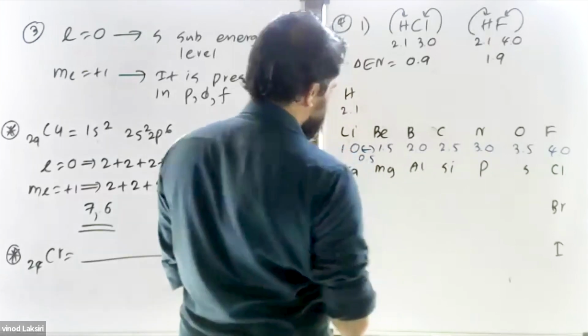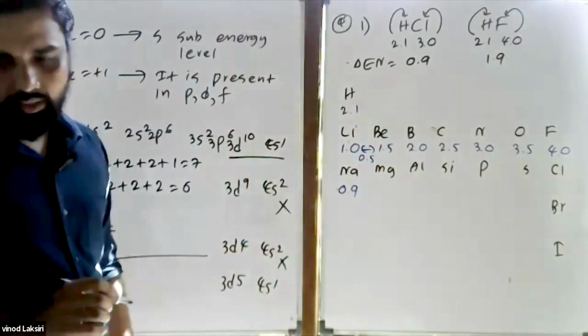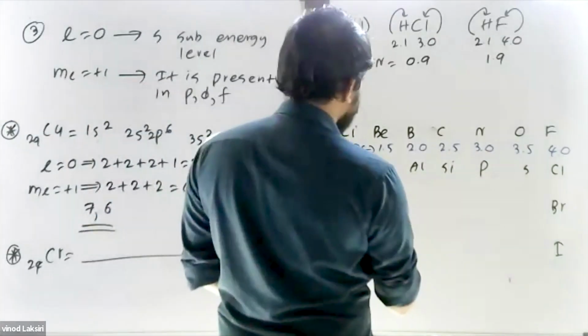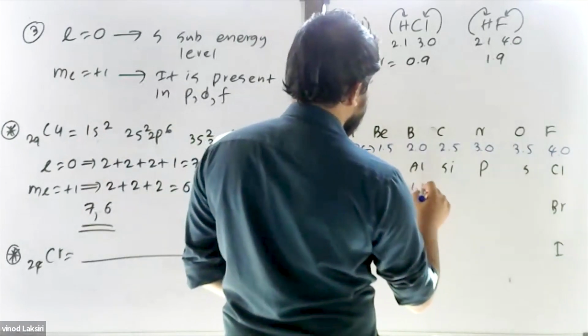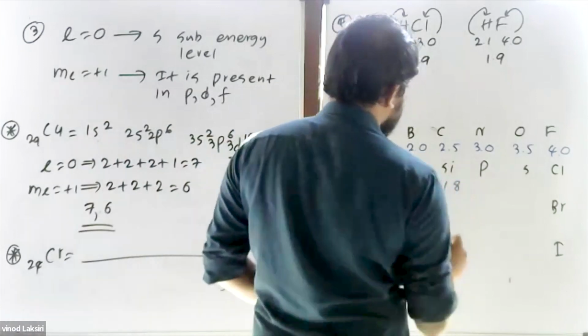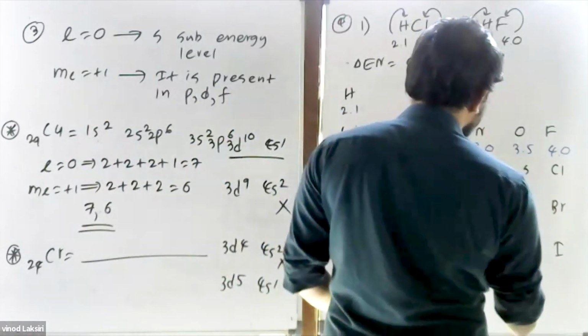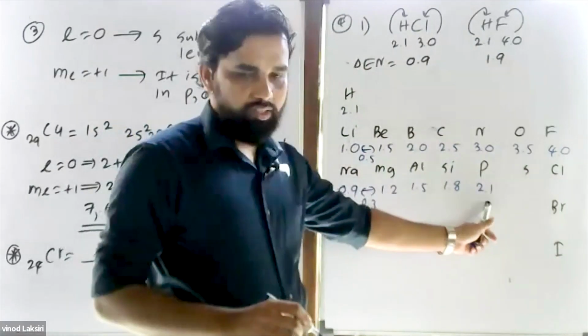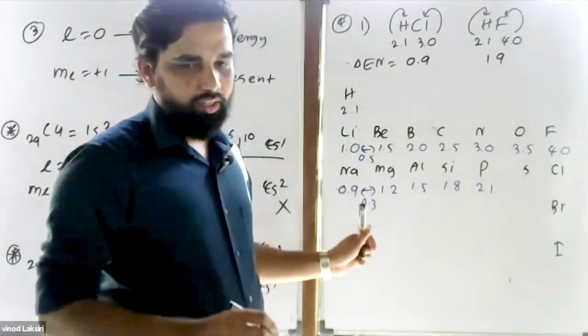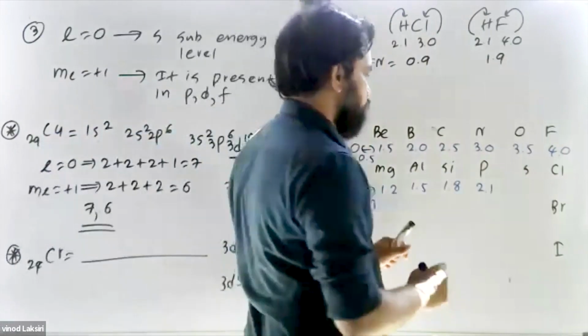Then here you have to remember sodium 0.9, increases by 0.3. That means 1.2, 1.5, 1.8, 2.1. So up to phosphorus it increases by 0.3, then it increases by 0.4.